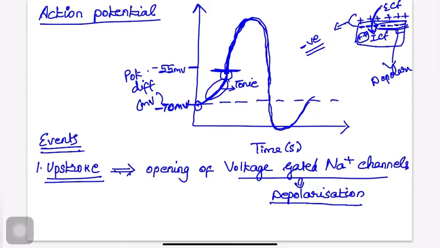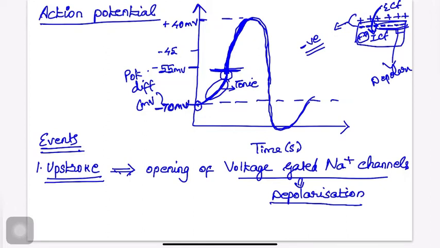So we are getting an upstroke. It goes from minus 55 millivolt, then minus 45, and reaches up to plus 40 millivolt.